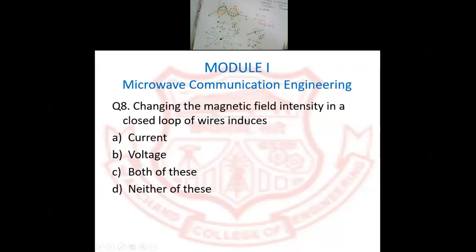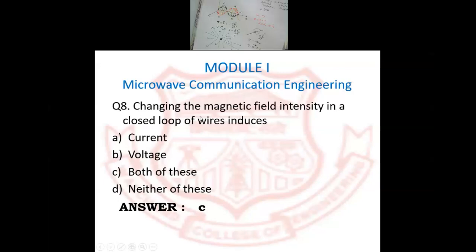Next question. Changing the magnetic field intensity in a closed loop of wire induces what? A current, a voltage, what? The answer is A. Good. That is about a voltage or a current.